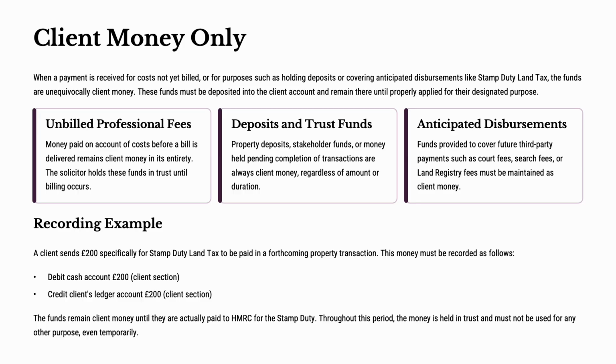Record it this way: debit cash account £200 in the client section, credit client ledger £200 in the client section, and the money remains client money until used appropriately. So you must understand what is client money. We have given it on the slide in these three tabs, and then an example that explains how to record it.